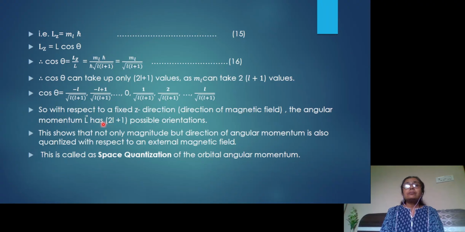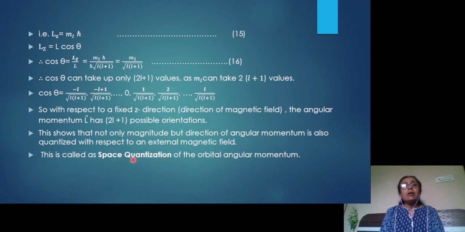That means L has 2l plus 1 possible orientations with respect to the applied magnetic field. This shows that not only magnitude but direction of angular momentum is also quantized with respect to an external magnetic field. This is called space quantization of orbital angular momentum.